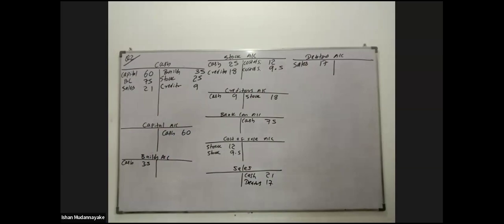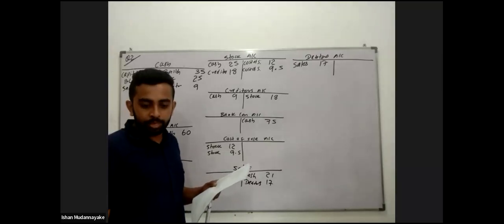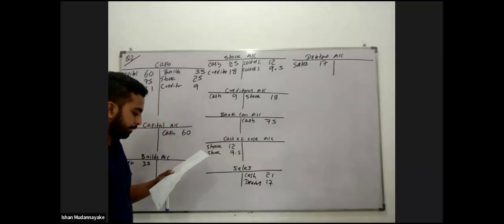Receivable from debtors: we need to collect this from debtors. Right. Look at transaction number 9.